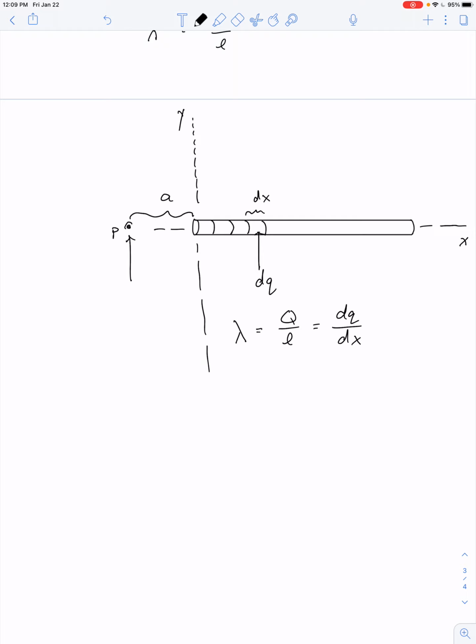So the distance from the point in question P to this one element of charge that I've identified, we could label as R. There'd be a little bit of electric field pointing in this direction due to this small fraction of charge. It's not the total overall electric field at this point, it's just a small contribution to the overall field, so we'll call that dE.